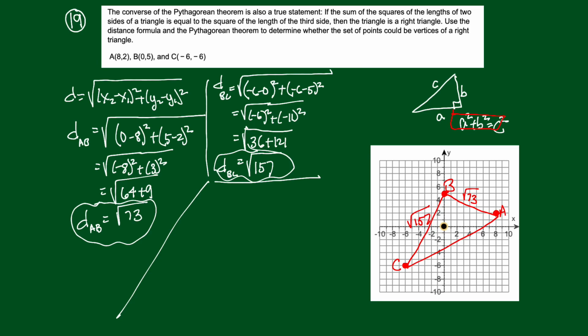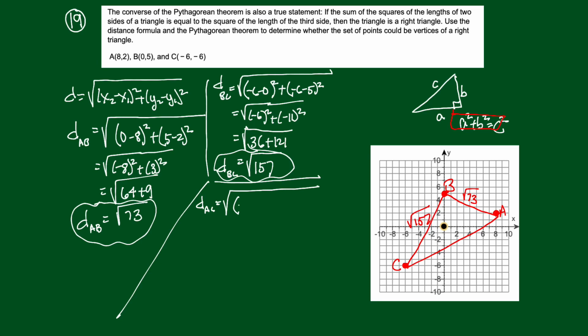Now let's get this last one. Let's get this distance here between A and C. All right, so this will be the distance between A and C. So this is going to be the square root of, all right, here's our formula, second x minus first x squared. So A and C, be careful, here's a long jump. A and C. The second x is negative 6. The first x is 8.